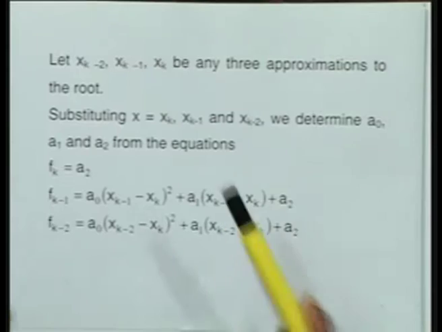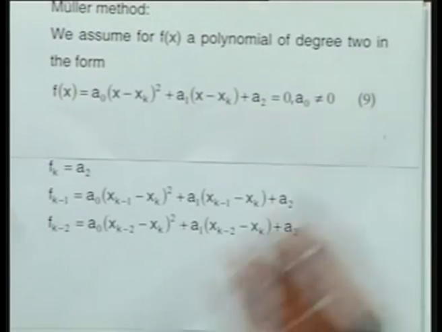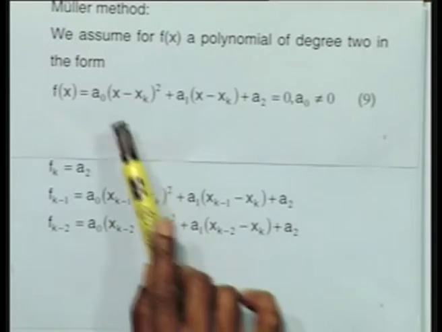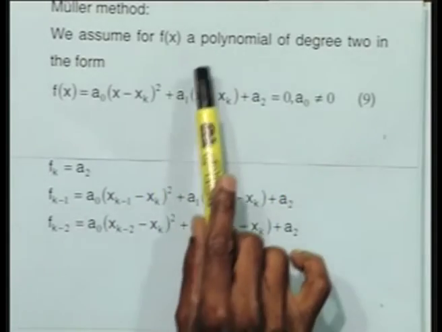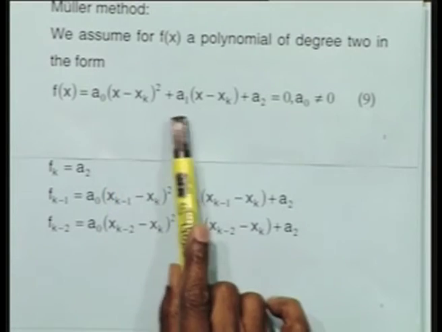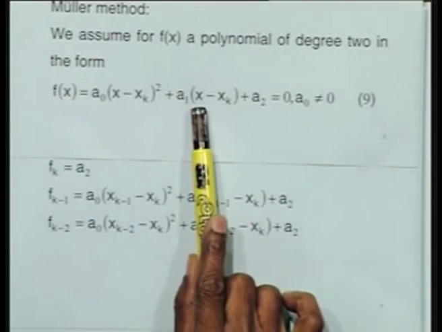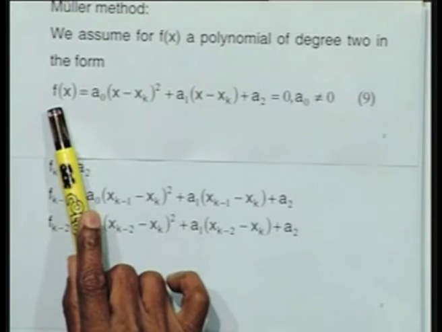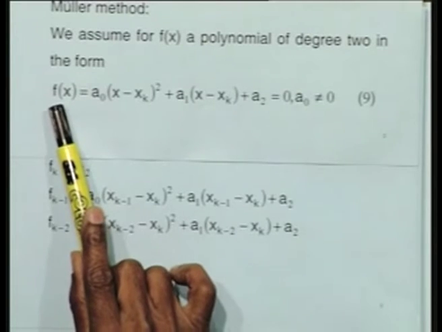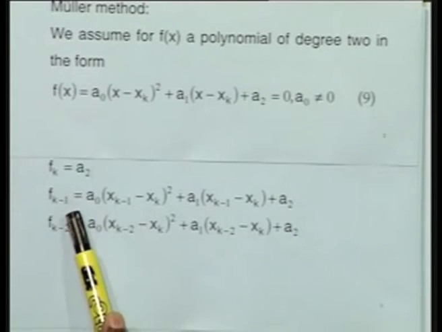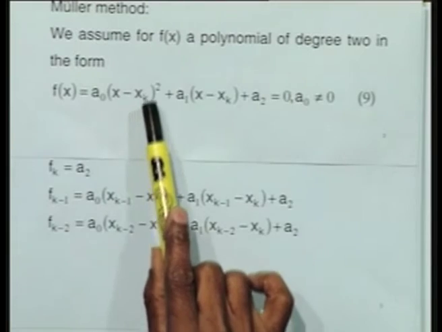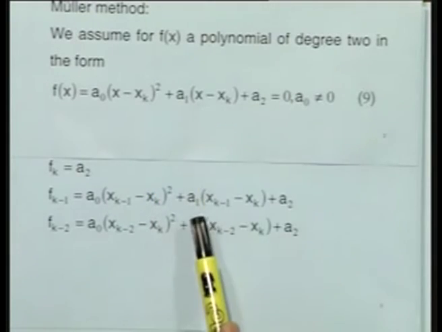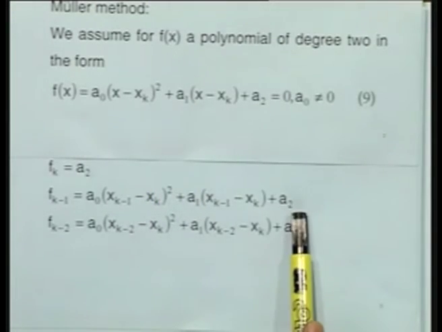So, what I would do, I would just substitute xk, xk minus 1, xk minus 2 in what I had written in the previous step. So, the reason why we had written it this way will be obvious now. When I substitute x is equal to xk in this, this term drops, this term drops, so a2 gets evaluated automatically. So, a2 will be simply equal to f at xk. Now, I substitute x is equal to xk minus 1, I would get a0 (xk minus 1 minus xk) whole squared, then a1 into (xk minus 1 minus xk) plus a2 equals f at xk minus 1.